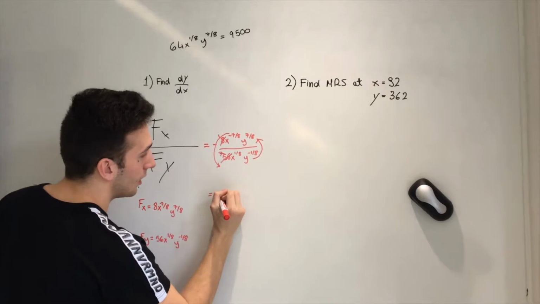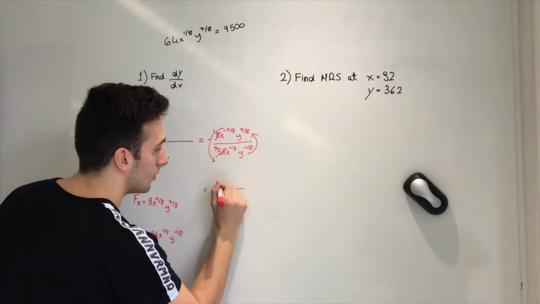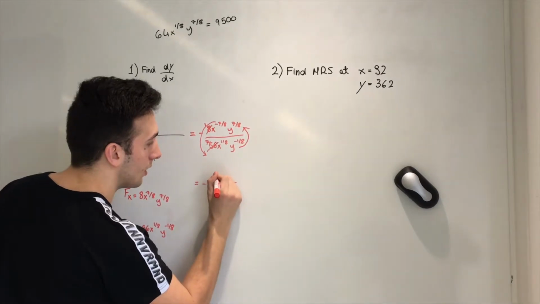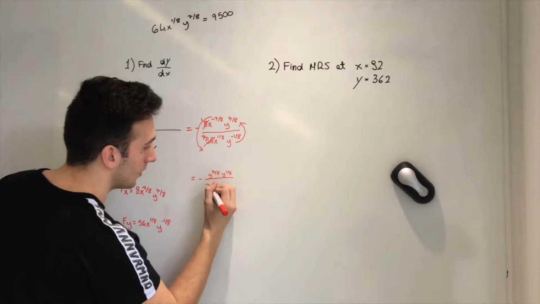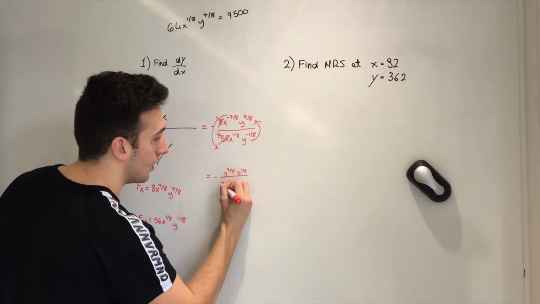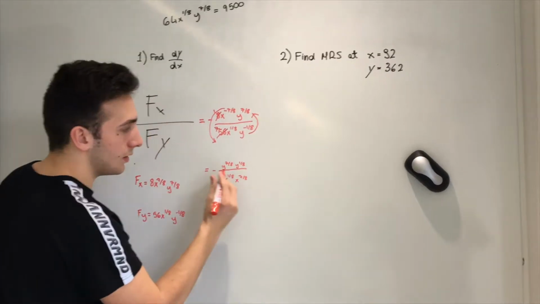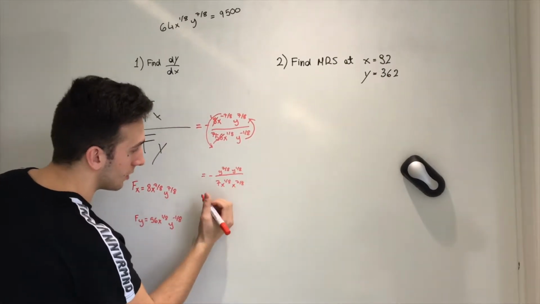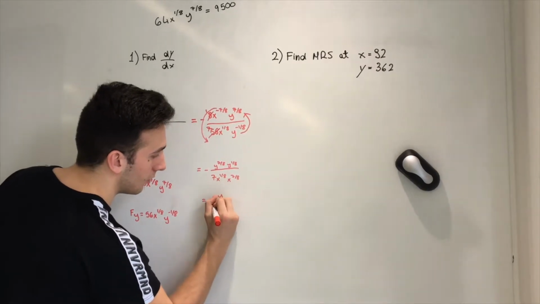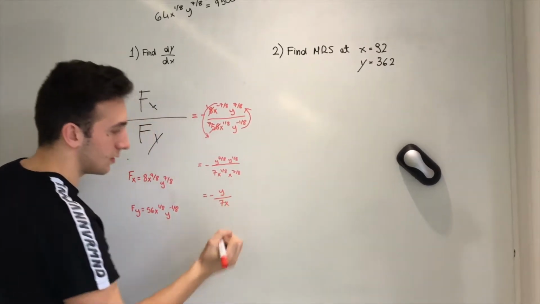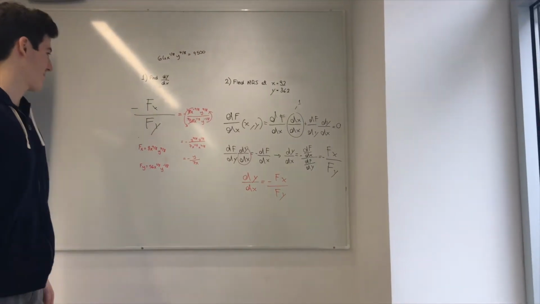So y to the 7/8, 7x to the 1/8, x to the 7/8, and these just add up to 1, and so does that. So this is just y over 7x. Thank you very much. Well done, Alessandro.